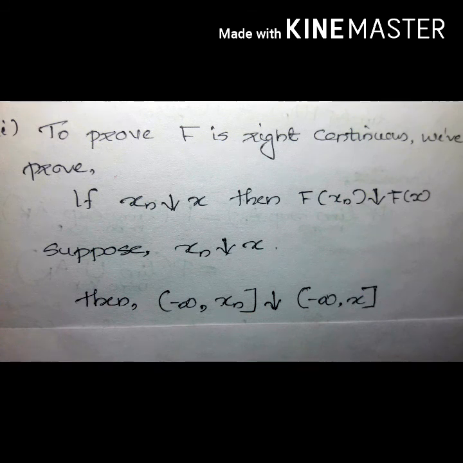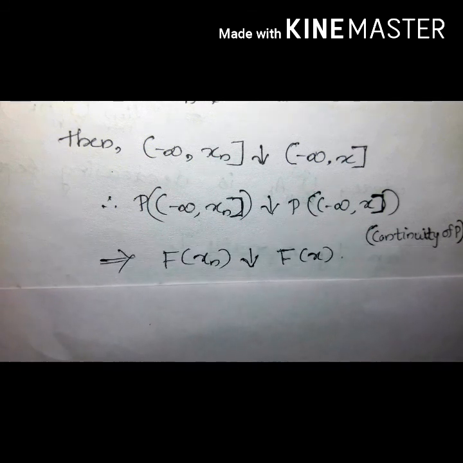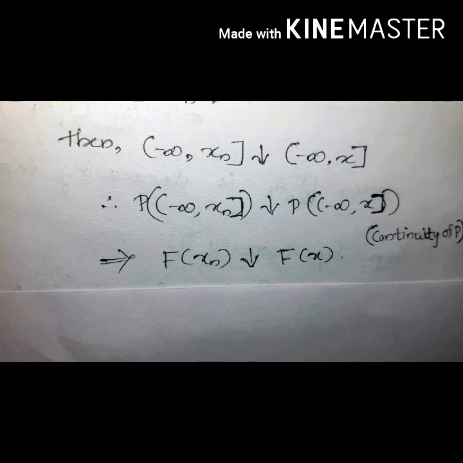And applying probability, by continuity of p, p of (minus infinity, xn] decreases to p of (minus infinity, x], which implies f of xn decreases to f of x.